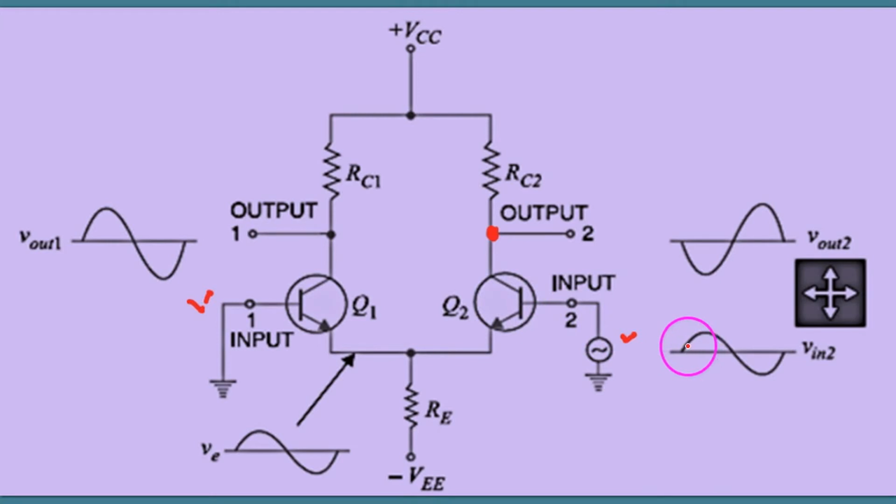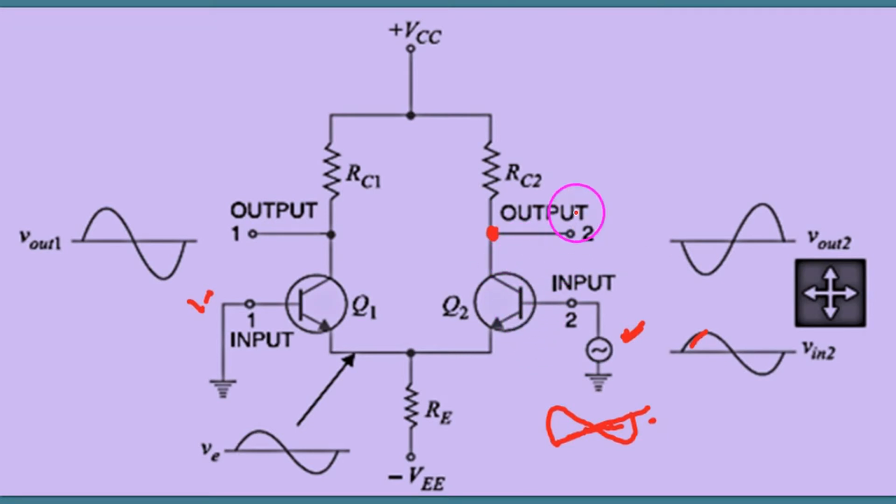Now this is the input signal which is applied here. If the output is taken at this end, then it acts as the common emitter configuration and it gives a phase reversal.